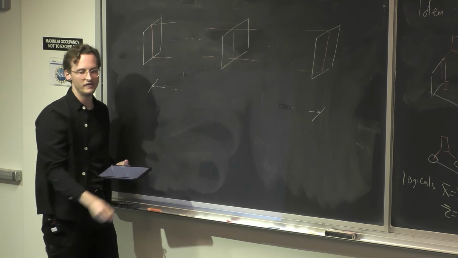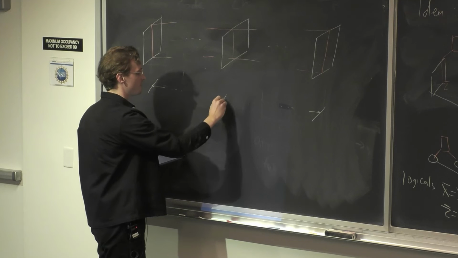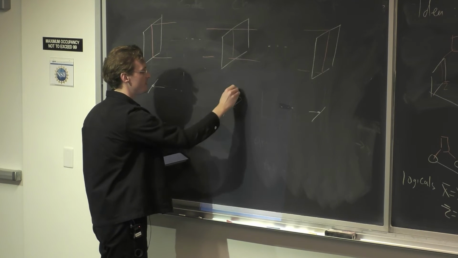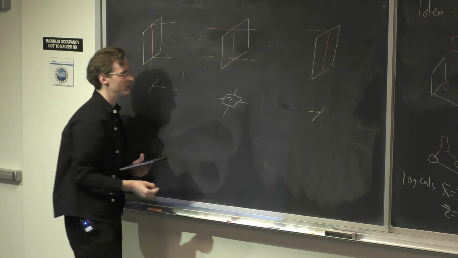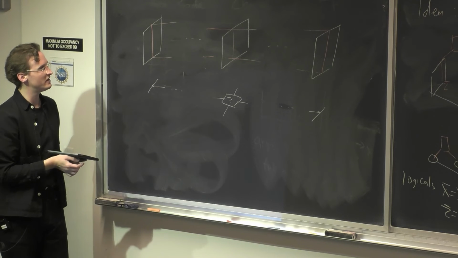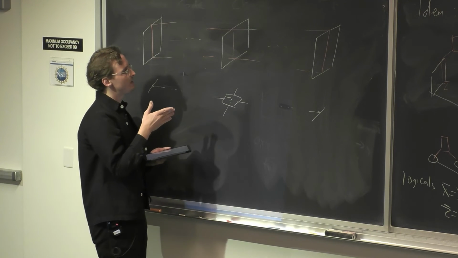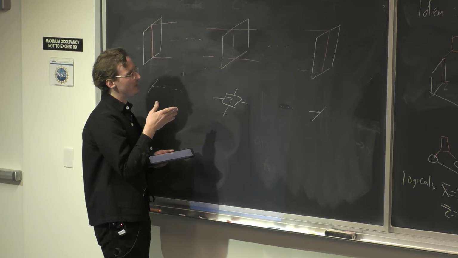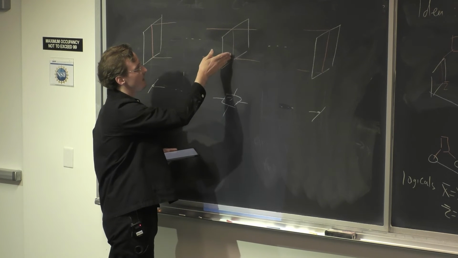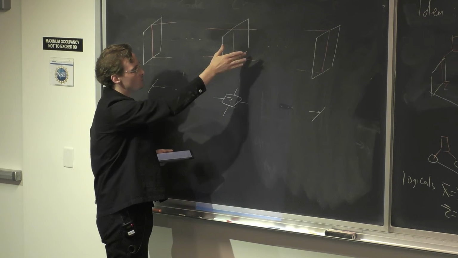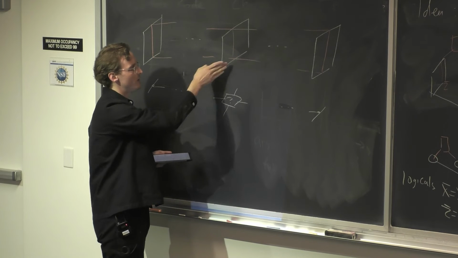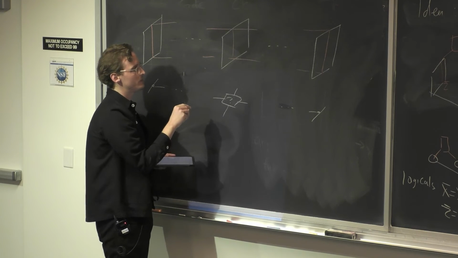So this one's 4-valent, if you like. There's some box here. I don't know what it is yet. It's 4-valent, and it should have the rules that an E is allowed to enter this red layer from the white layer. E is also allowed to pass through.